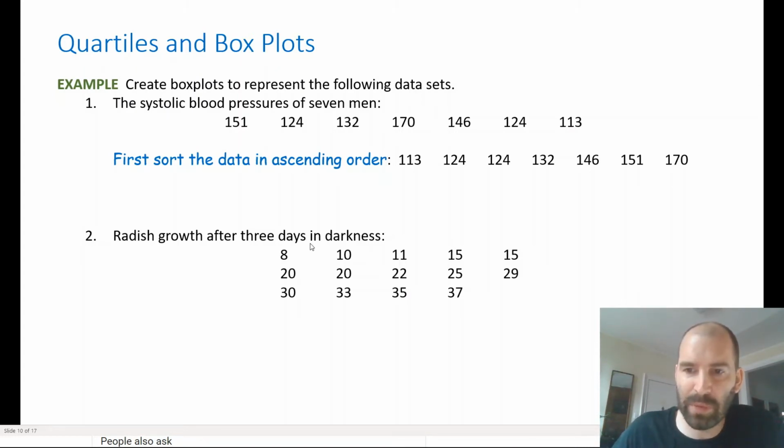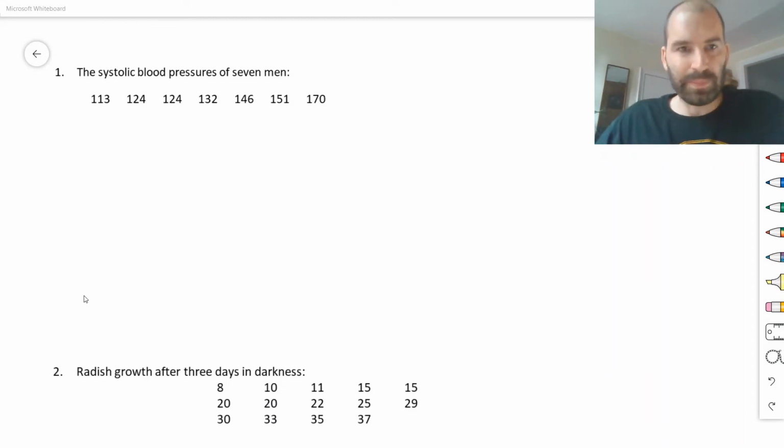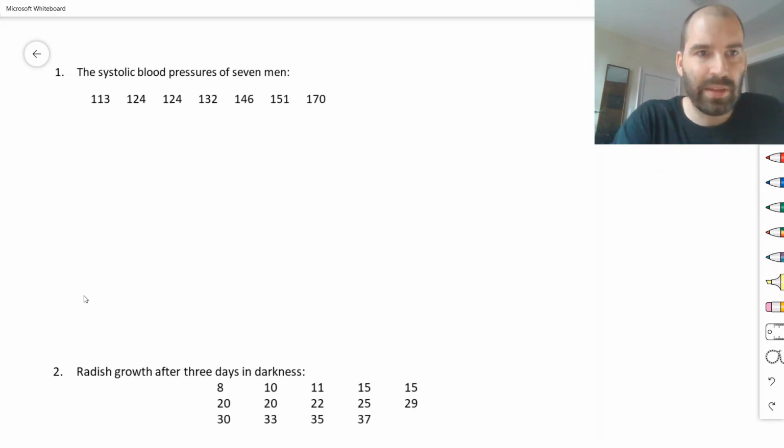I'm going to experiment with something new here, a digital whiteboard, and we'll see how this works. So instead of writing on a piece of paper, I'm going to try doing it on the screen. So here we are. The systolic blood pressures sorted. I'm going to make my box plot. So remember what we start with. We start with the minimum.